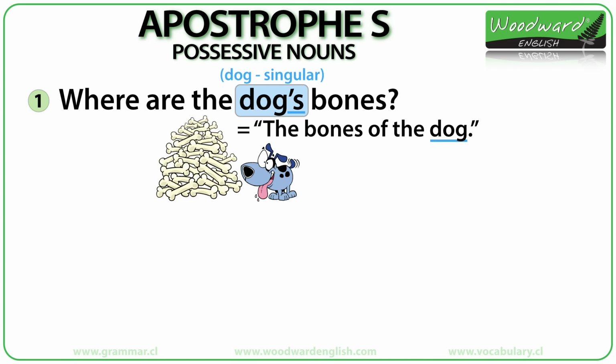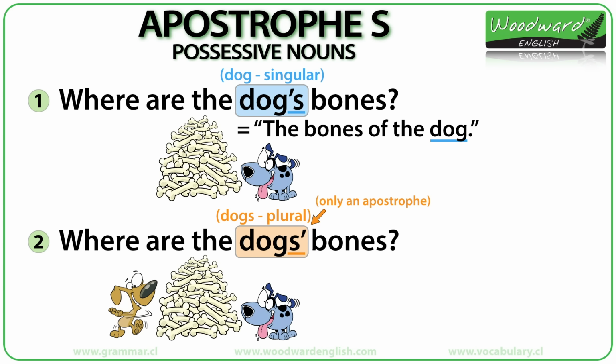But what happens if there is more than one dog? There are two dogs. We say, where are the dogs' bones? We only have an apostrophe after the S in dogs, because dogs is a plural noun ending in S. We cannot say, where are the dog's bones?